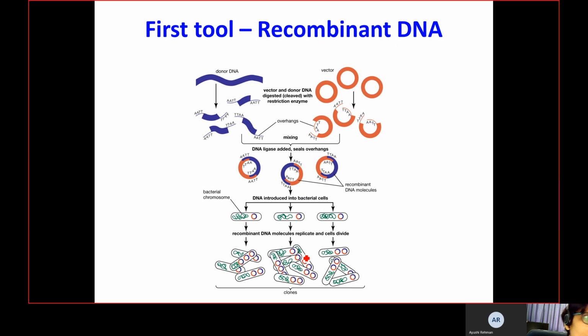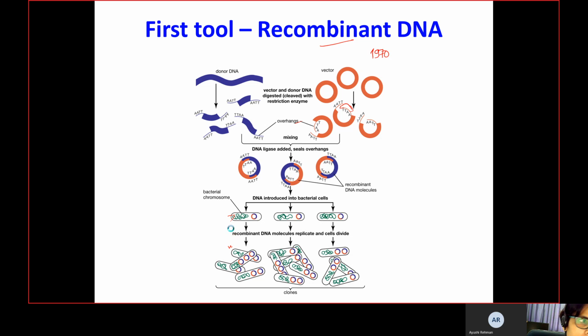Now, the very first tool to manipulate any nucleic acid in any cell was recombinant DNA technology, which was developed in 1970. This is a technology where you can express any kind of protein with the help of an appropriate vector, and when you introduce it into the cells, it will express your protein of interest.